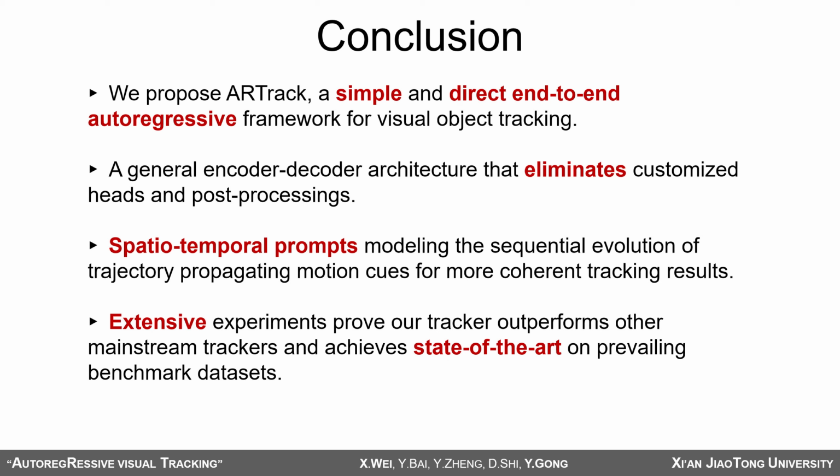Additionally, we introduce spatiotemporal prompts that capture the sequential evolution of trajectories, enabling the propagation of motion cues for more consistent tracking results. Extensive experiments validate the effectiveness of our tracker, surpassing other mainstream approaches and achieving state-of-the-art performance on established benchmark datasets.